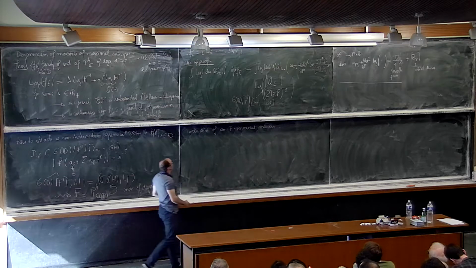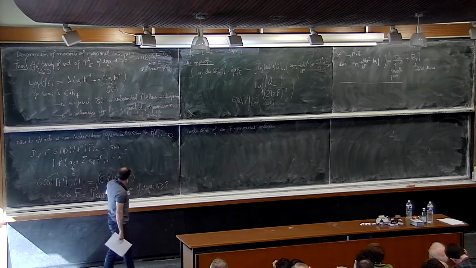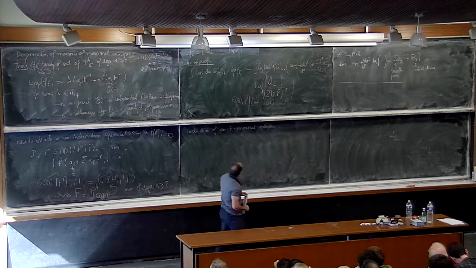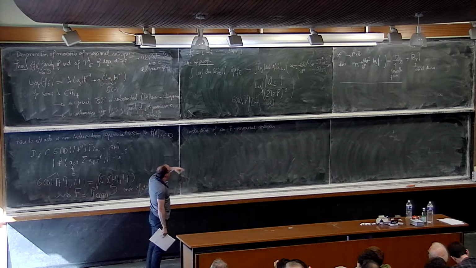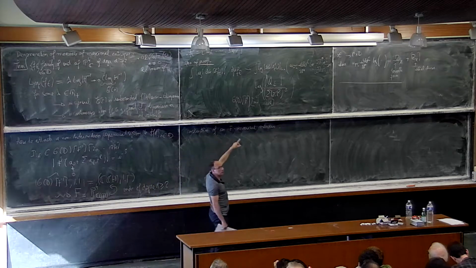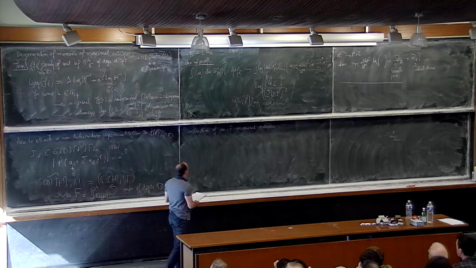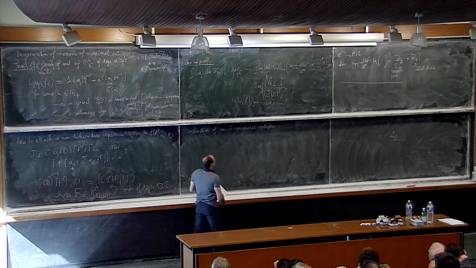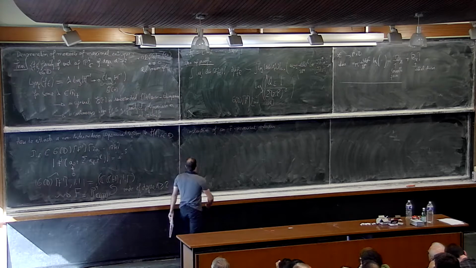Basically, I need to make sense in the non-Archimedean context of these quantities, the pullback of the Fubini-Study form by the nth iterate of f. And one way of doing this is to work on line bundles.